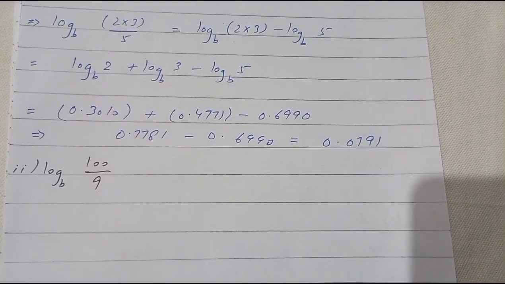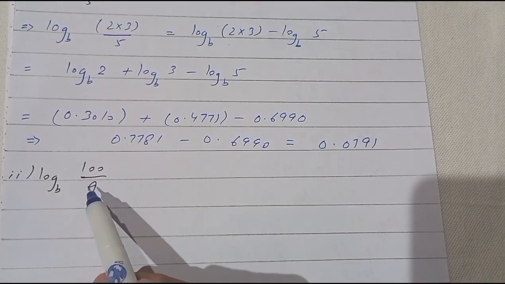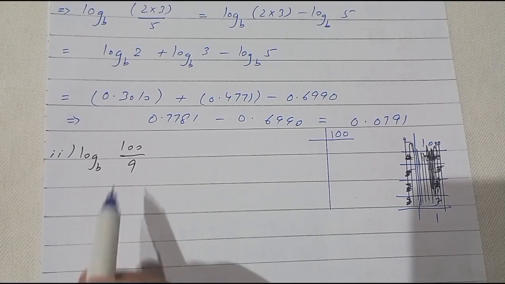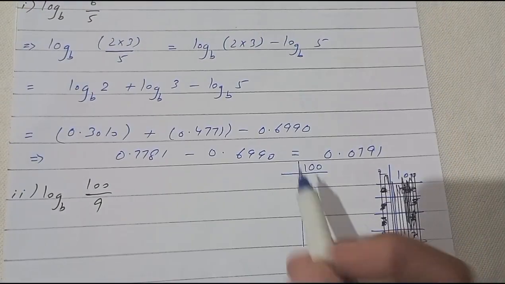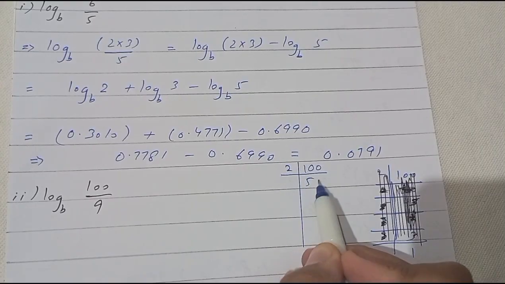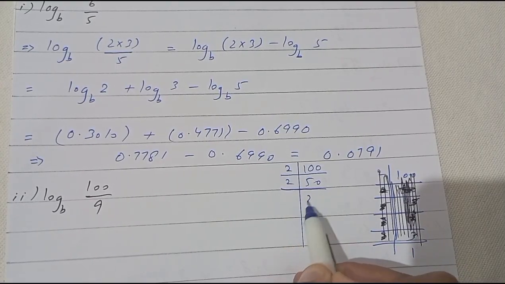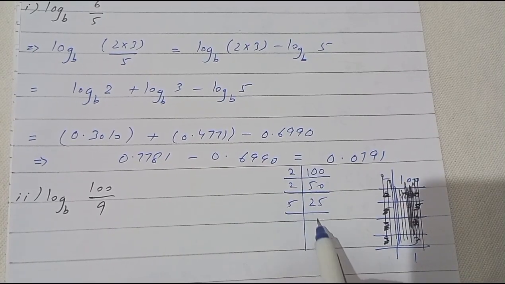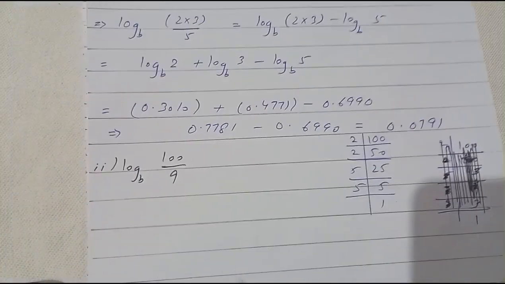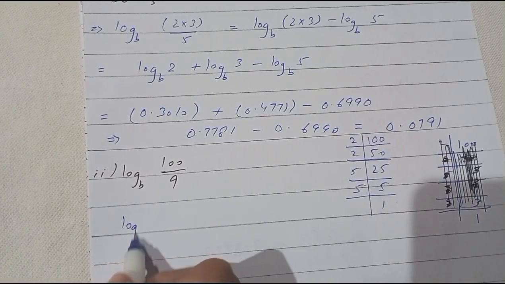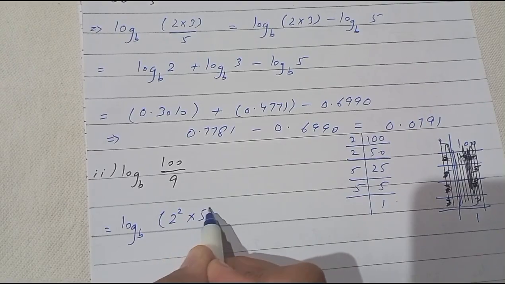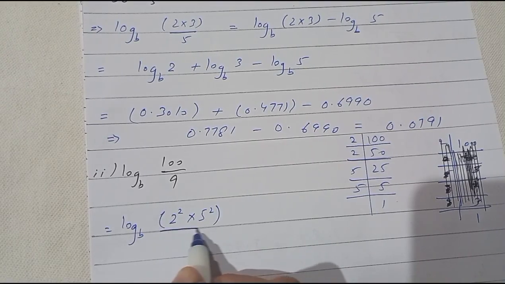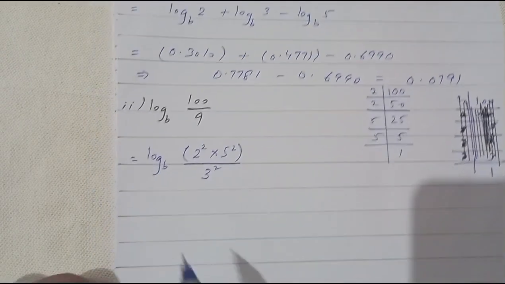In part number 2, that is log of 100 divided by 9. So first we factorize the terms in form of 2, 3 and 5. Now we factorize 100 first: 2 5s are 10, 2 2s are 4, 2 5s are 10, 5 5s are 25, 5 1s are 5. So we can write 100 as 2 square multiplied by 5 square and 9 as 3 square.